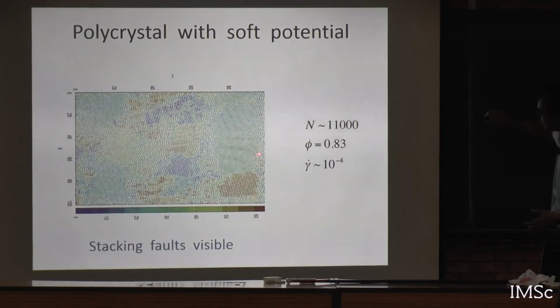You see there are stacking faults, which is a reality in actual polycrystals, which was not present in our PFC simulation. Although stacking faults do not fall on grain boundaries, because they still have coordination number 6, so there are no defects there as such. They do other things, and we do capture them within this soft potential simulation.